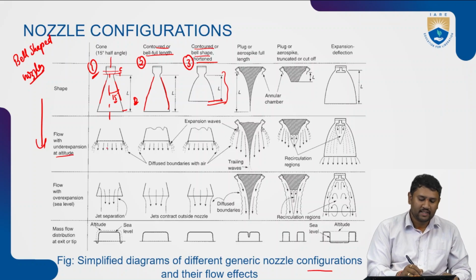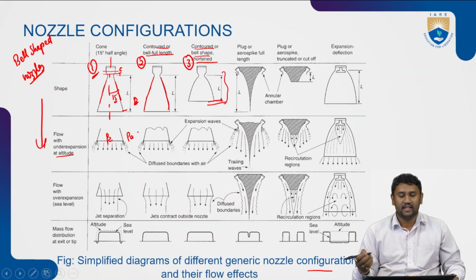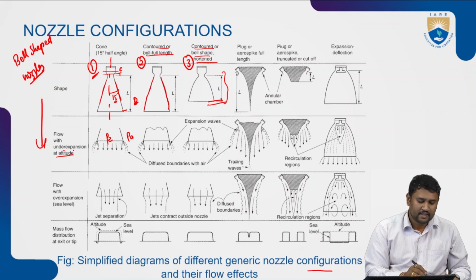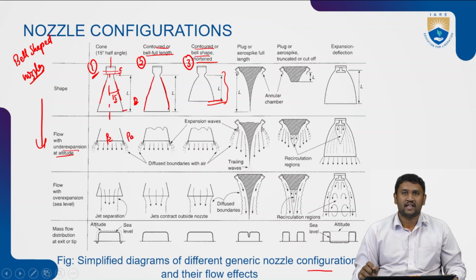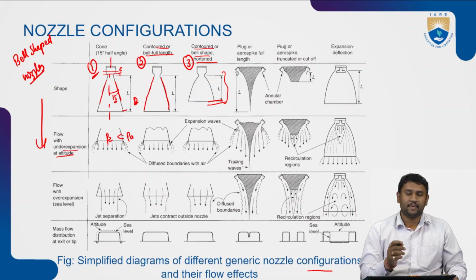It means the pressure that is being inside, particularly the P2 that is being got at the exit, and PA that is outside, is under expanded. What do you mean by under expansion? Where P2 is greater and the atmospheric pressure is greater and the pressure of the chamber, particularly the exhaust gases, is less.